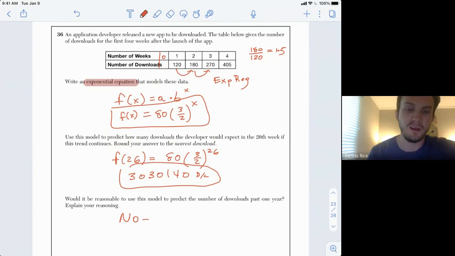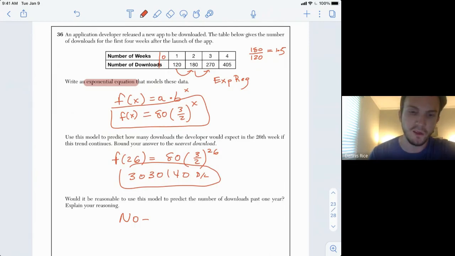And if you plug it in, let me get into my y equals to actually have some numbers here. Exponential functions work in the short term, but this is going to get way too large. I think if I remember correctly, it gets larger than the population of Earth. So if you put this into y equals, I'm going to turn my table on so I could just type in, hold on.